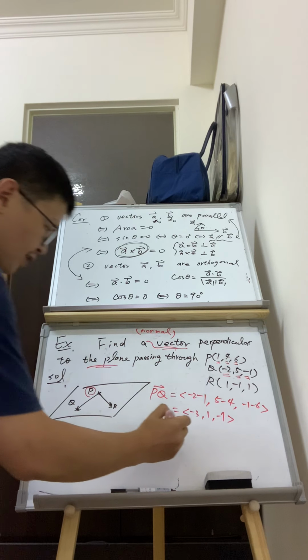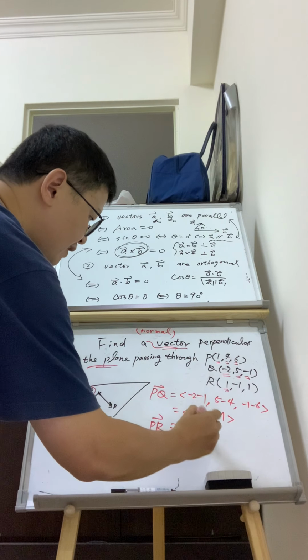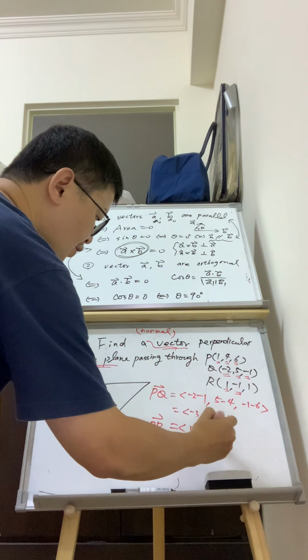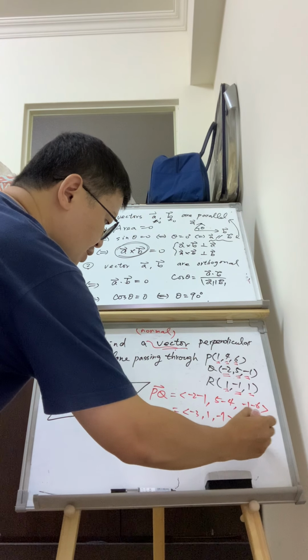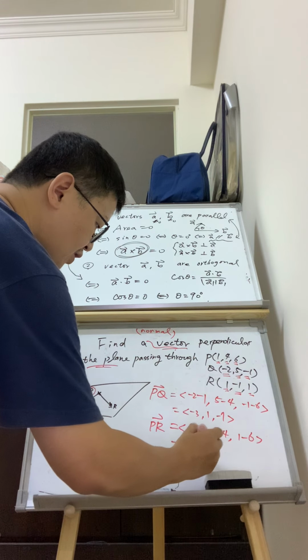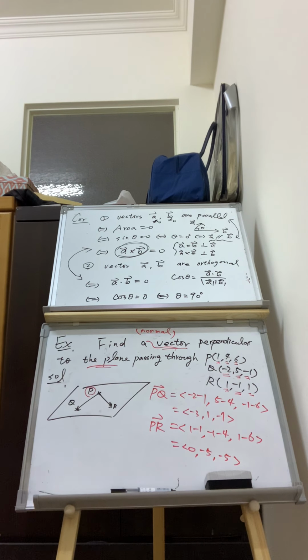And then for the vector PR, it is 1 subtract 1, negative 1 subtract 4, 1 subtract 6. So finally it's 0, negative 5, negative 5.